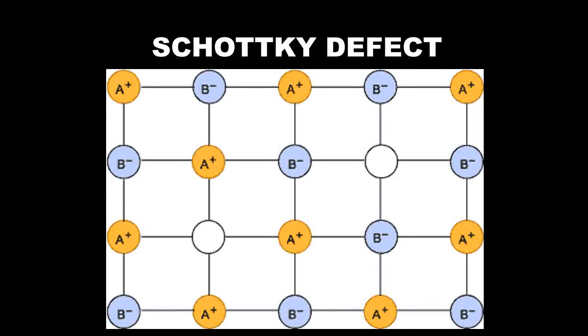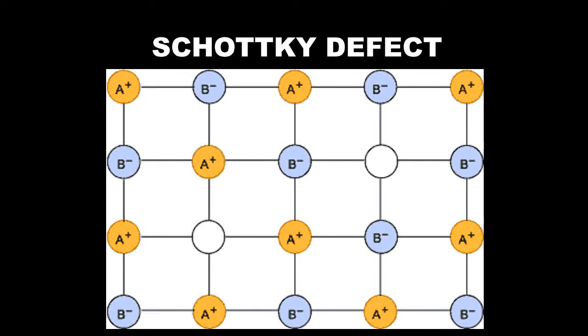Under stoichiometric defects there are mainly two types, the Schottky defect and the Frenkel defect. The Schottky defect arises if some of the atoms or ions are missing from their normal lattice sites, and hence they create vacancies or holes. Since the crystal has to remain electrically neutral, an equal number of cations and anions are lost, and hence the density of the crystal decreases.